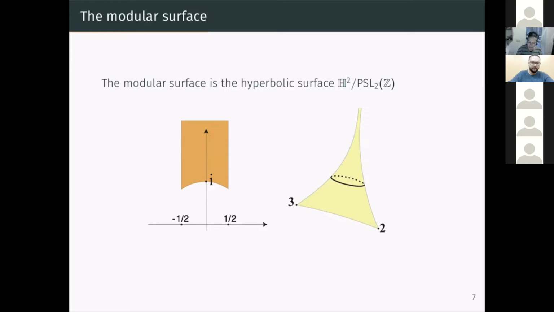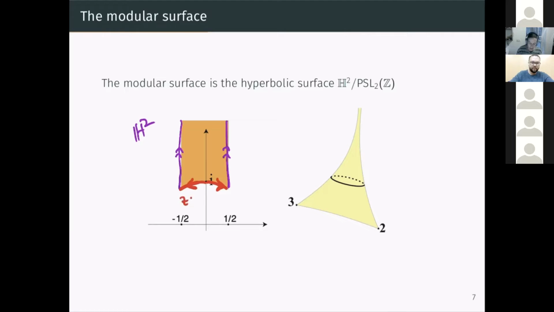In this half-plane model of the hyperbolic plane, you take this fundamental domain where you take the gluings generated by translating by 1 to the right. So you glue this edge with this edge over here. And then you also glue this part of the edge here with this part of the edge here by using the rotation around i.